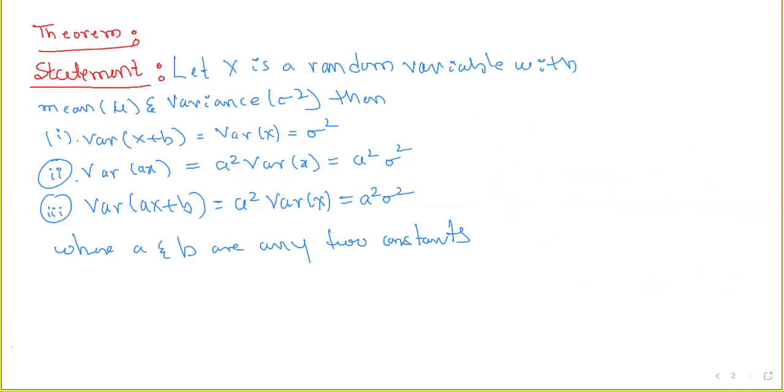Right? So now we are going to prove. Proof of the first one. We need to prove that variance of x plus b is equal to variance of x, right?